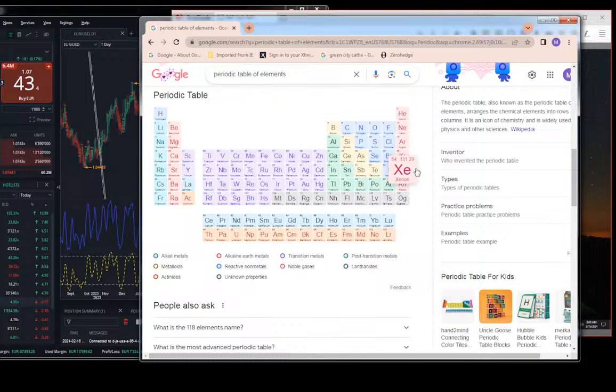I think that was 54, wasn't it? There's tin. Where is it? I thought it was 54. Oh, there it is. Silver, 47. And what's 54? That sticks in my mind. Axion. And so that's the periodic table.